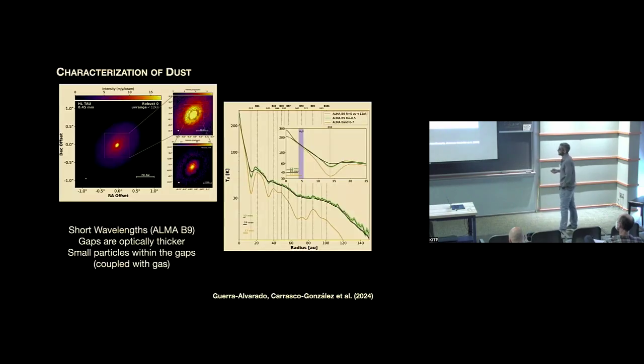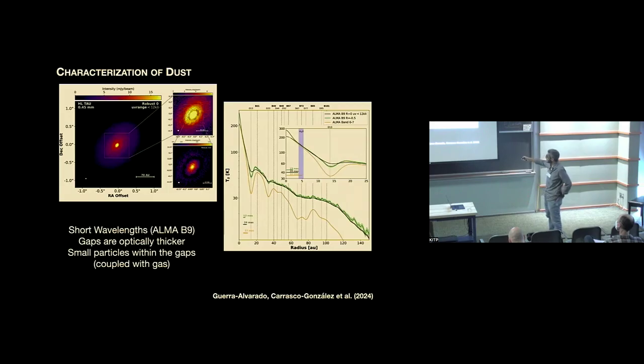This is an interesting observation at band 9 of HL Tau, and you cannot easily see substructures here. And this is important: at band 9, you are already very highly optically thick. This is the intensity profile of band 9, and this is the intensity profile of the 1 millimeter.